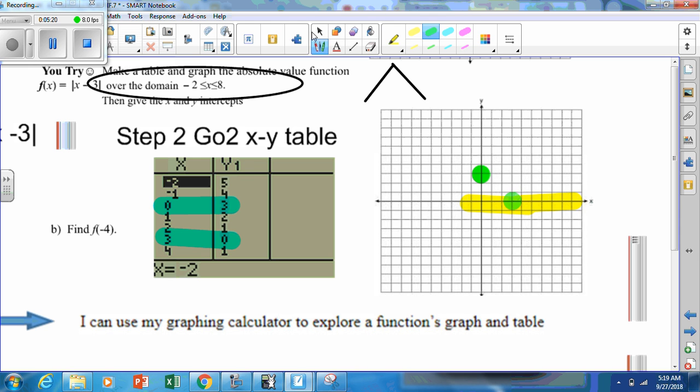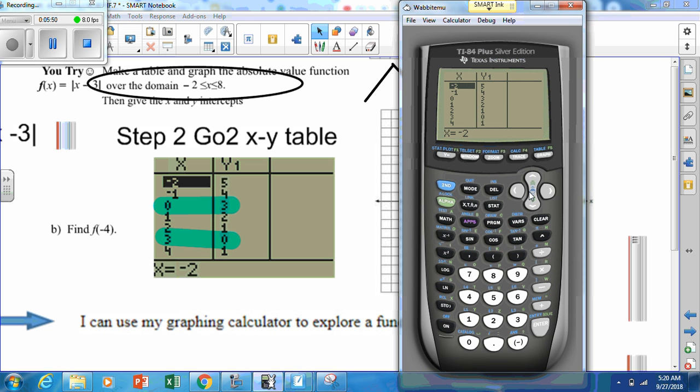It feels like 3, 0 is going to be my low value, and then it's going to start going up as I go further to the right. So let me pull up a couple more values to see if my theory is correct. As I go up, yeah, I see my Y values are increasing right here. 0 is the low, and then it goes 1, 2, 3, 4, 5. Okay, I think there's the pattern right there.